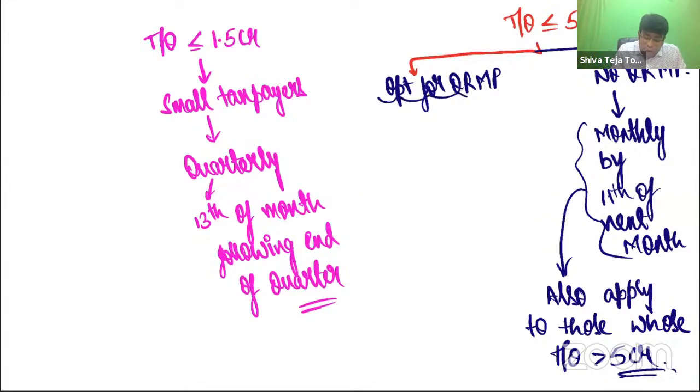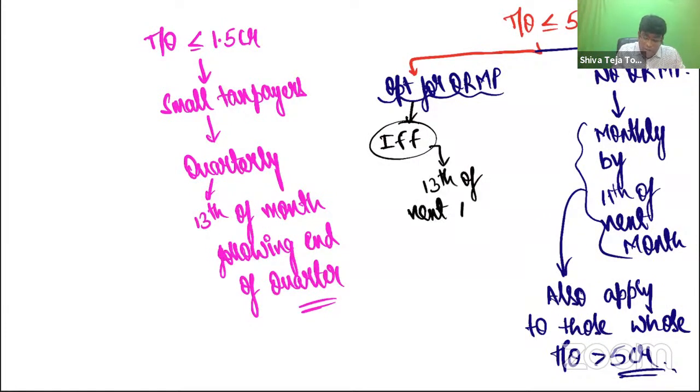But when they go for QRMP, which stands for Quarterly Return Monthly Payment Scheme, here they will only do IFF, and this IFF due date is 13th of next month. So in the first month and second month they will do IFF, and in the third month they will file GSTR1.